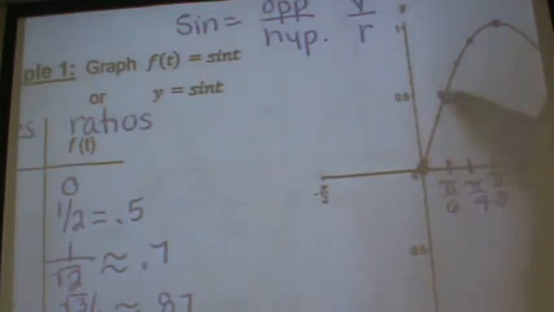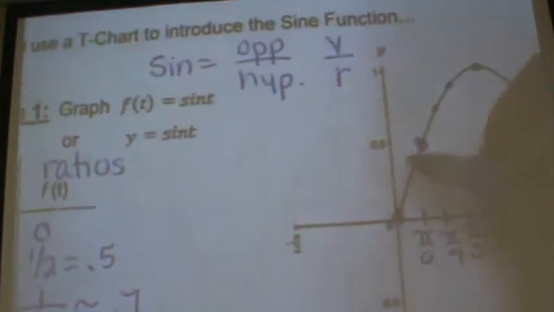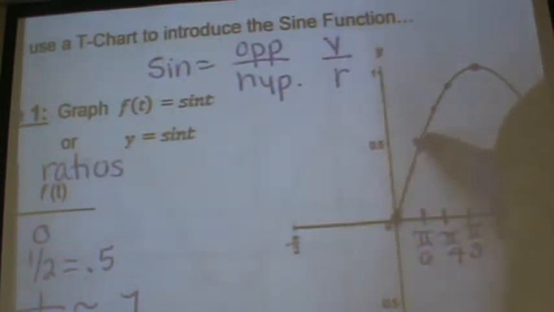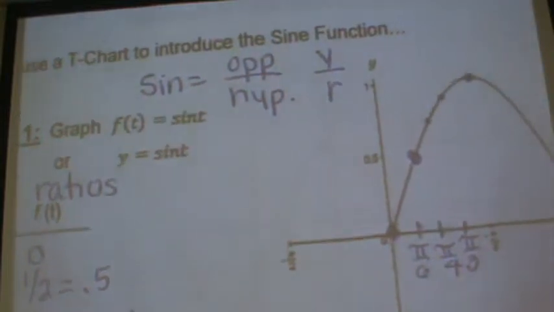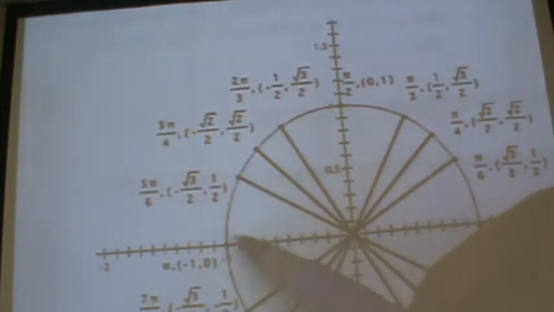So what's happening is there's a bunch of angles in between these, infinite as a matter of fact. These ratios are going up, up, up, up, and the highest it's going to reach is a 1. And then as you're going around the circle, when I mean pi over 2 to pi, what angles am I talking about? I'm talking about 2 pi over 3, 3 pi over 4, 5 pi over 6, and then pi.